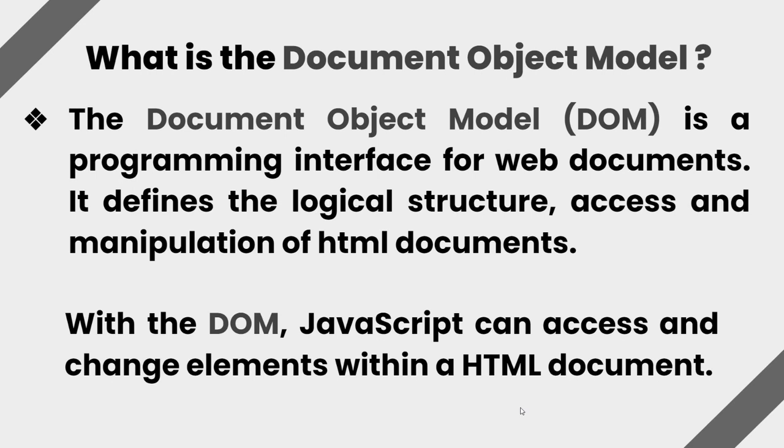I know so far so good. At this point, we already know how to change HTML elements using CSS and probably some very few HTML attributes. But here with the DOM, we'd actually get to know how JavaScript can also change elements within HTML documents.